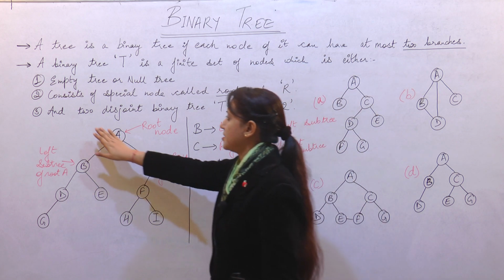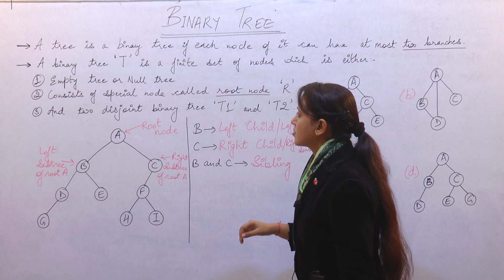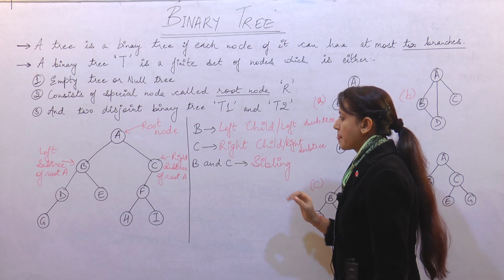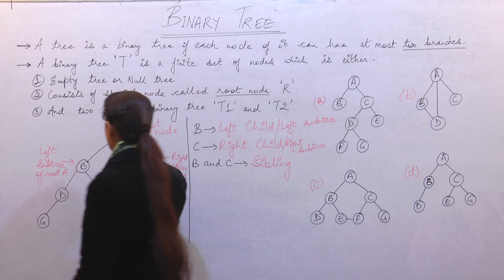The third point states two disjoint binary trees, T1 and T2, according to the root.